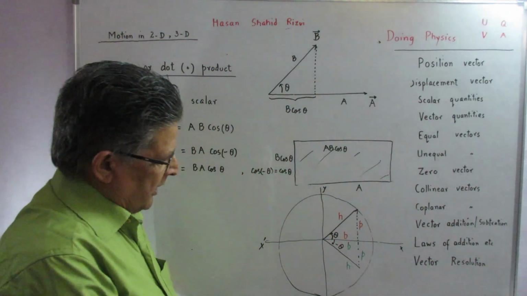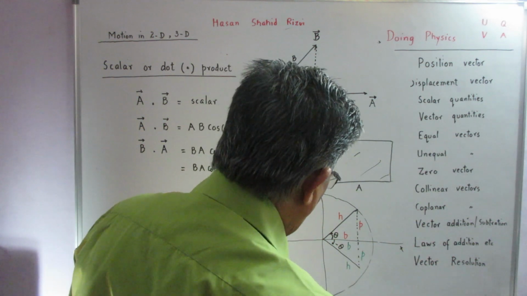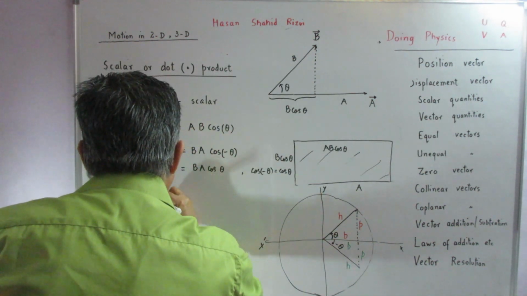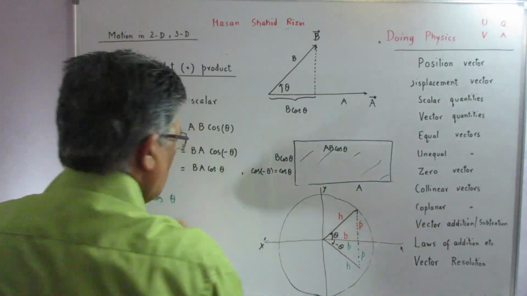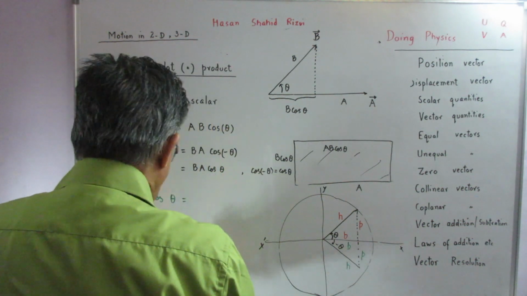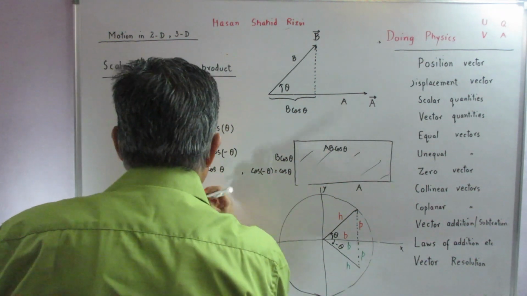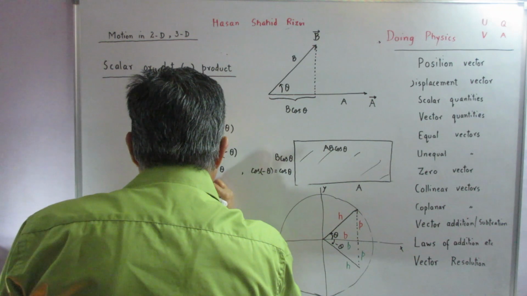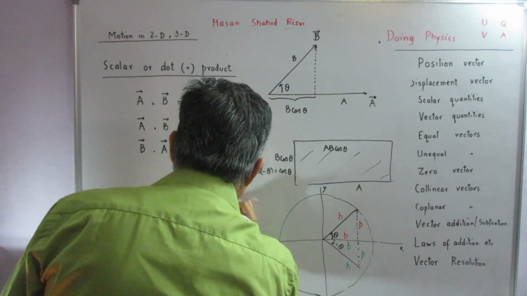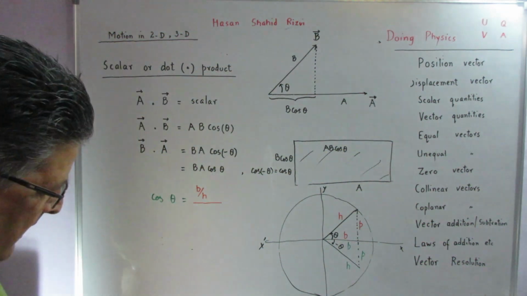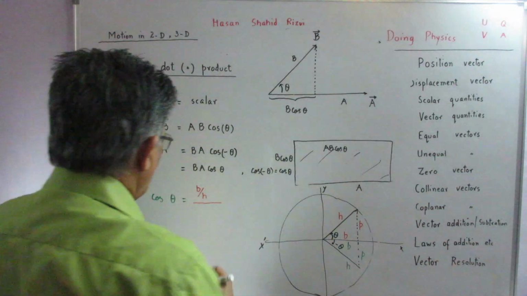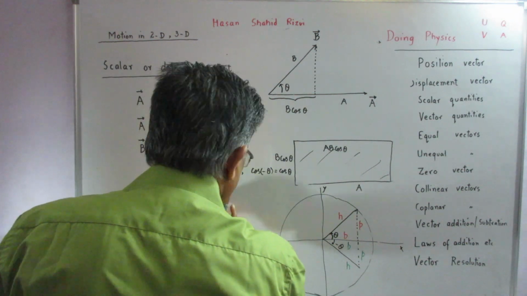So for the case of cos theta, I'll write this as equal to b upon h, divided by, in the case of minus theta, b by h.